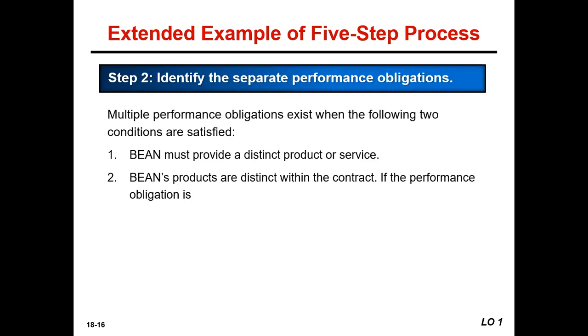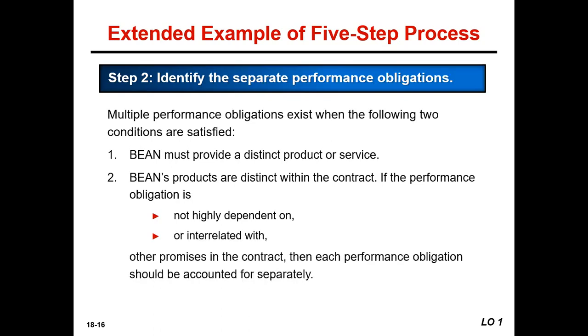If the performance obligation is not highly dependent on or interrelated with other promises in the contract, then each performance obligation should be accounted for separately. Are the bagels and cup of coffee highly dependent, or are they interrelated? So that's a question we need to answer.